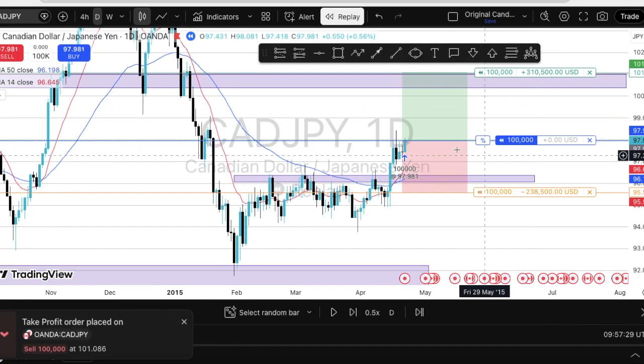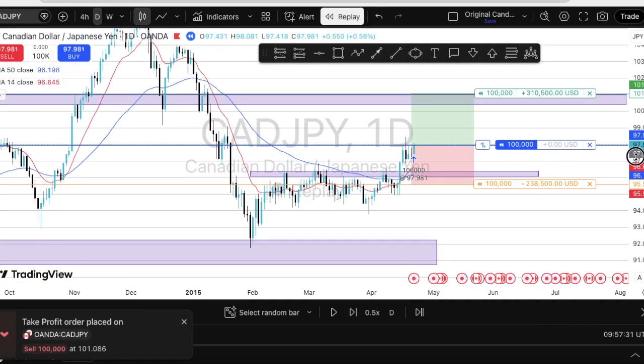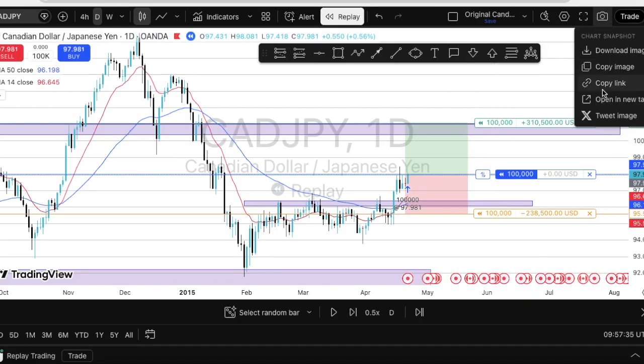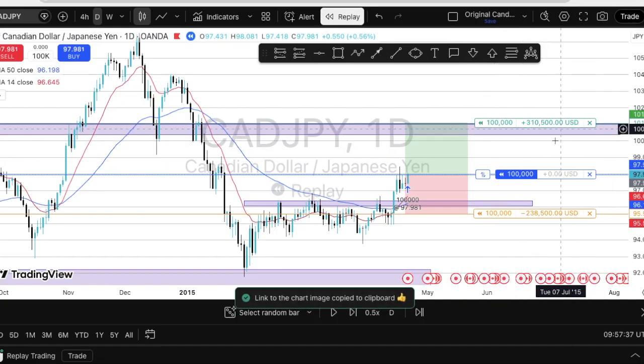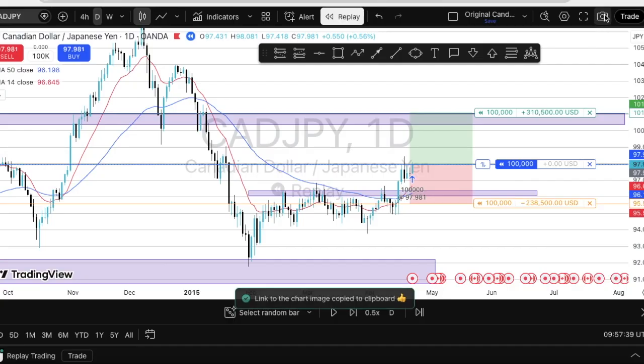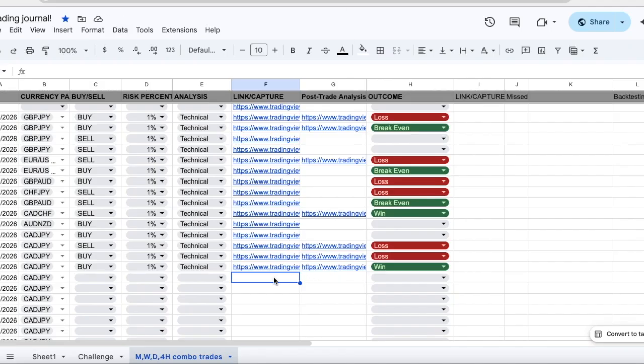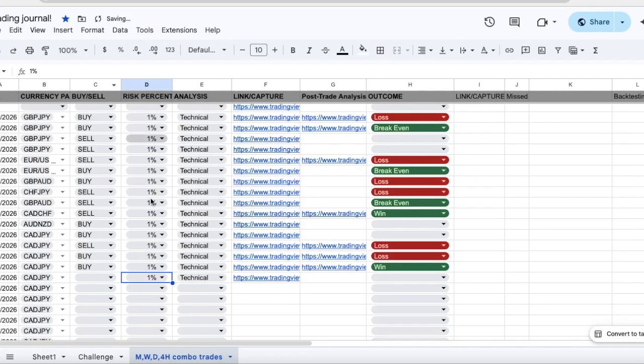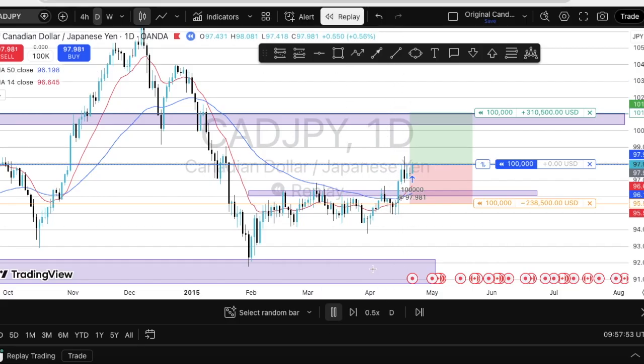And I'm going to document this trade. So our third trade is going to be another technical analysis, it's going to be 1%, and it's going to be a buy. Let's see how that trade plays out.